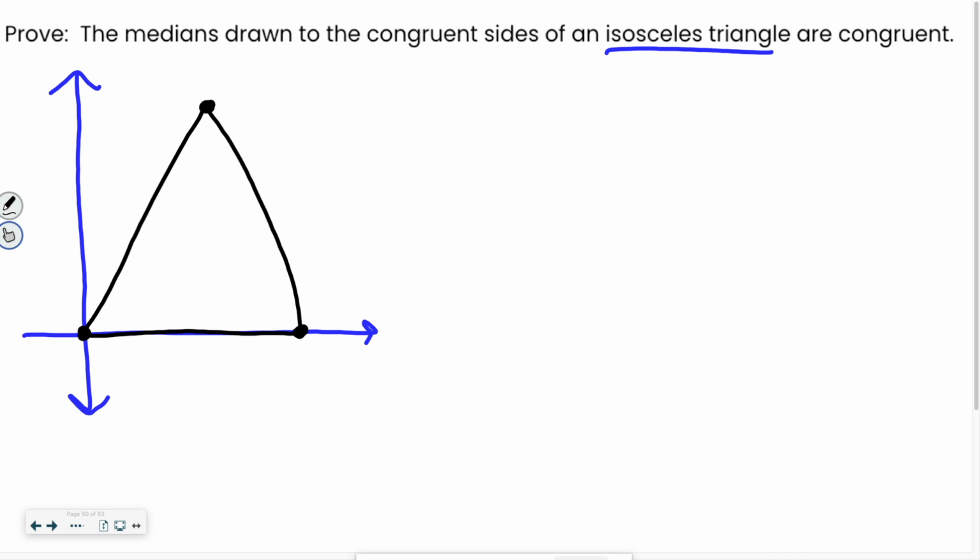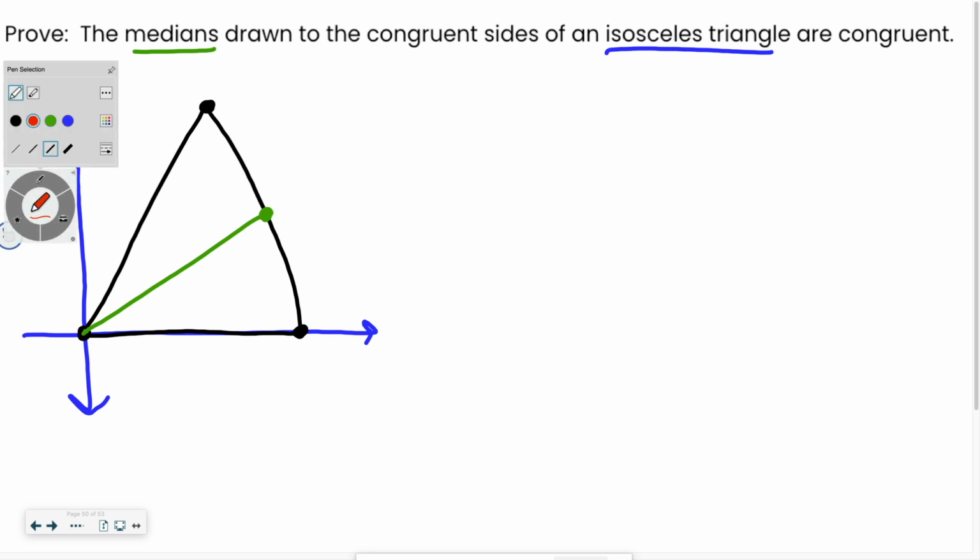Now we want to show that the medians drawn to the congruent sides of an isosceles triangle are congruent. This is where proofs get kind of tricky, because you've only been in geometry for a few months, so some of you might not know what a median is. A median is a segment that goes from one vertex to the midpoint of the opposite side. So that's a median, and here's a median.